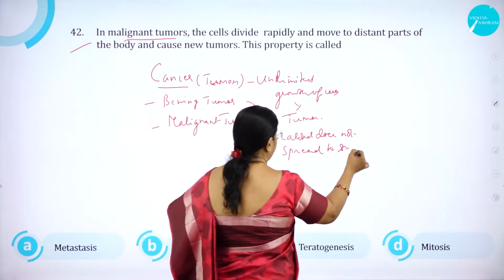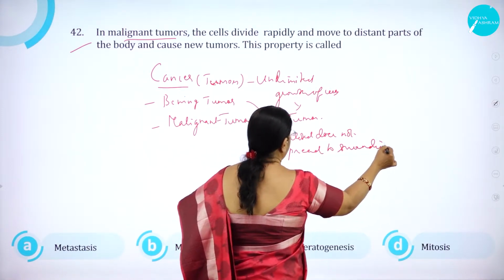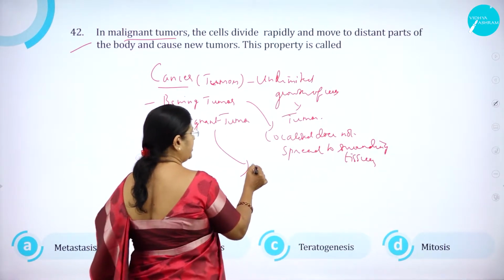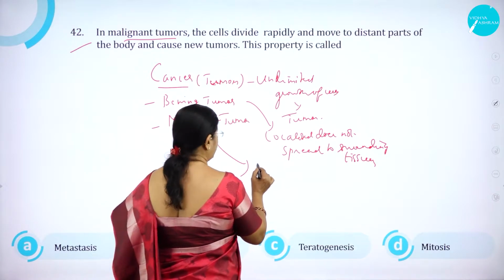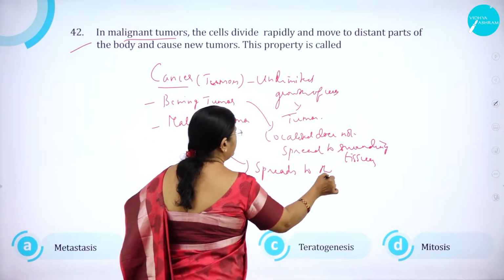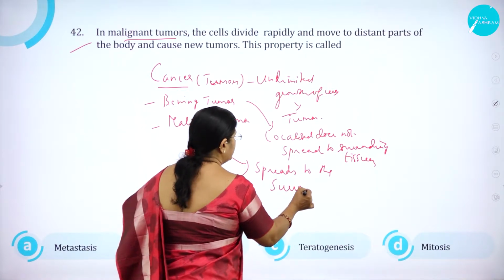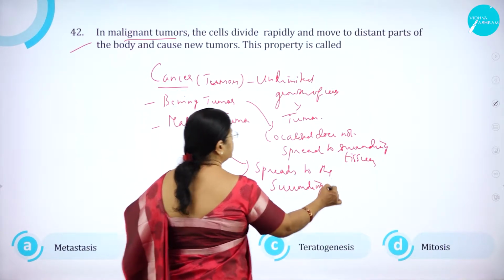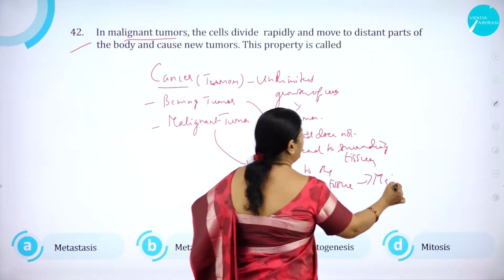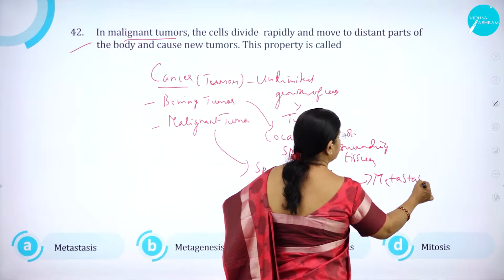to surrounding tissues, whereas malignant tumor is not localized, spreads to the surrounding tissues, which is otherwise called metastasis.